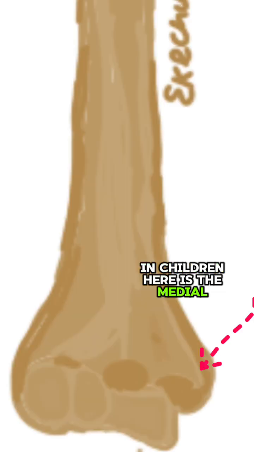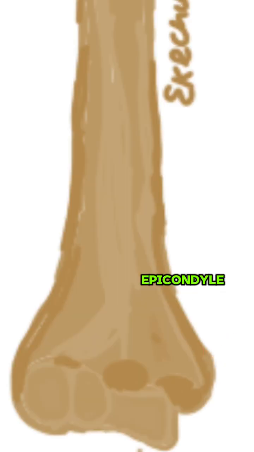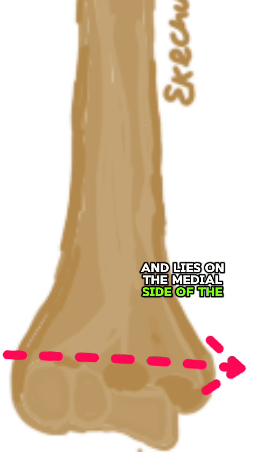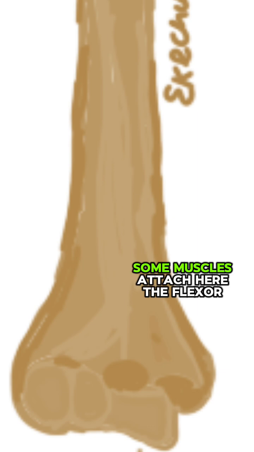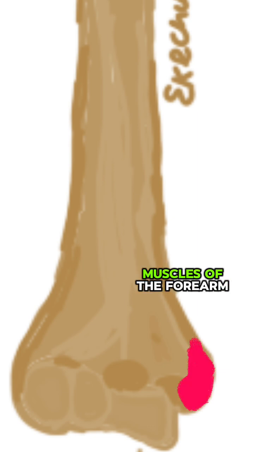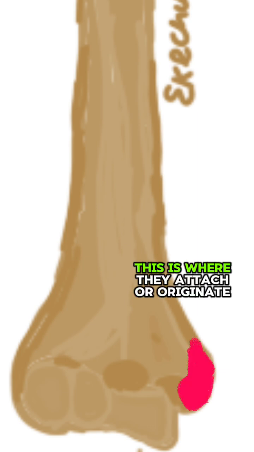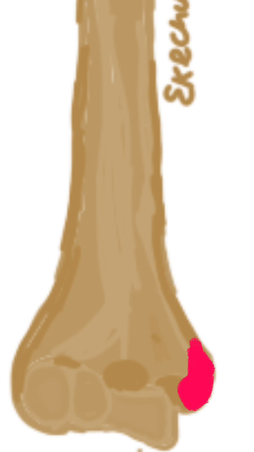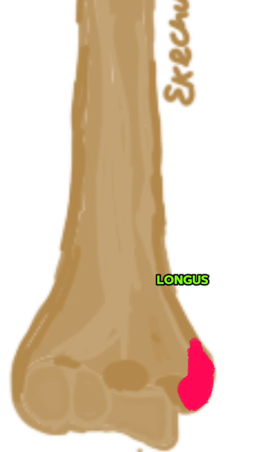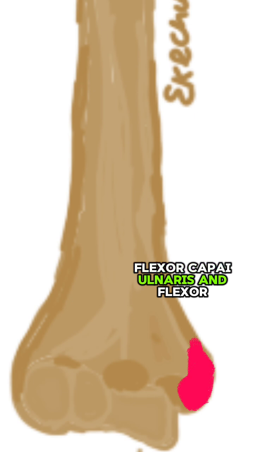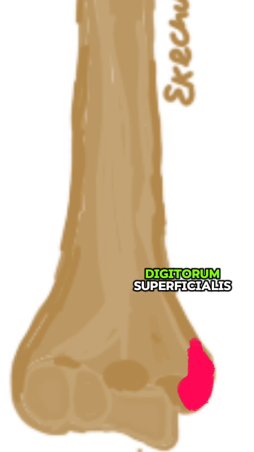Here is the medial epicondyle. It is a large projection and lies on the medial side of the distal humerus. Some muscles attach here, the flexor muscles of the forearm. This is where they originate: flexor carpi radialis, palmaris longus, flexor carpi ulnaris, and flexor digitorum superficialis.